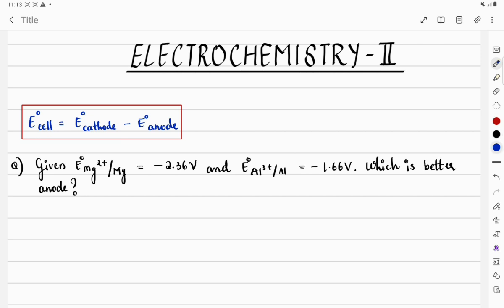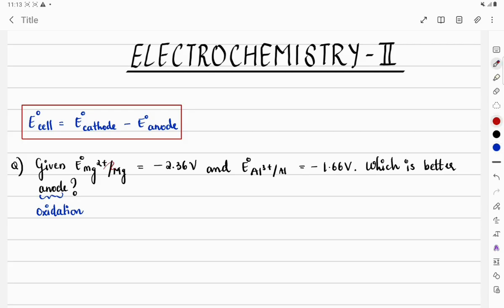If you look into the basics, we know that anode always does oxidation. The question gives two electrode potentials, one of magnesium and another of aluminium, and we need to check whether the given potential is actually a reduction or oxidation potential.